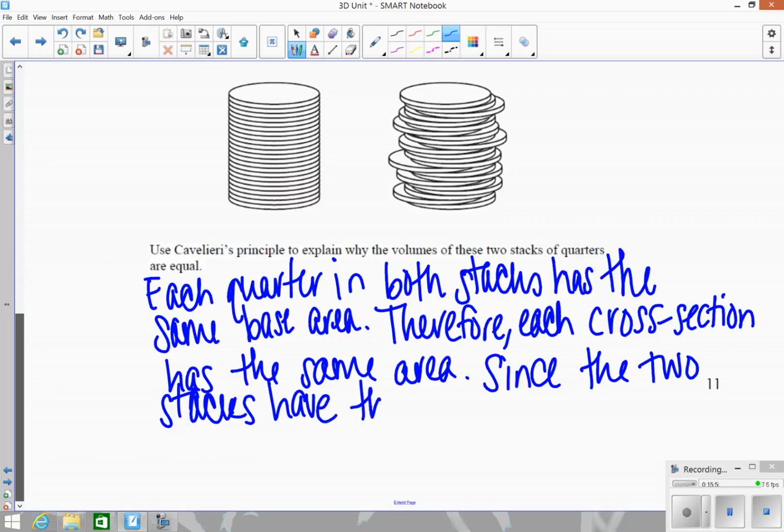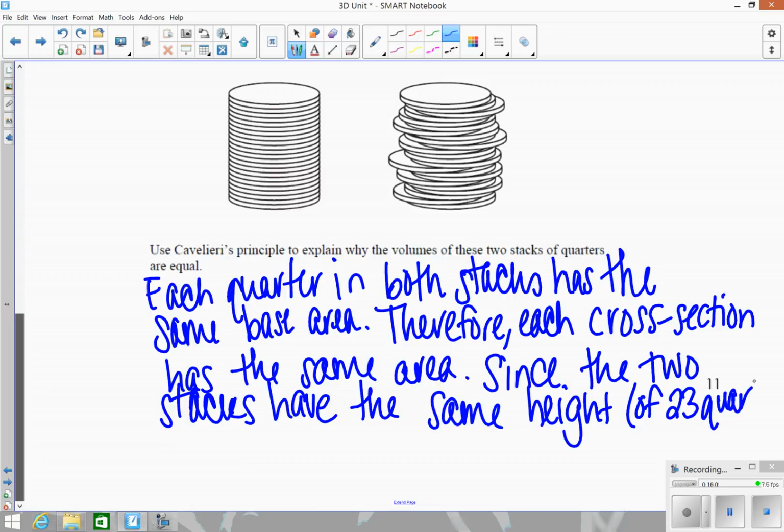have the same height. We know that they have the same height of 23 quarters because the quarter is going to have the same height. So if they both have 23 quarters, that means they have the same height. Then the volumes are the same.